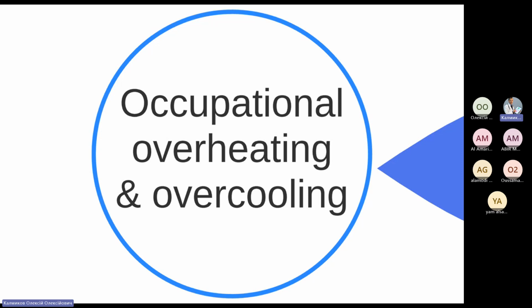For example, overheating is often met in foundry departments, in metallurgy, in those places where it's too hot, or it could be outdoors, for example, in agriculture in the hot season. Or vice versa, overcooling might occur in the winter or cold season, and in industrial fridges where some person has to work for some time.